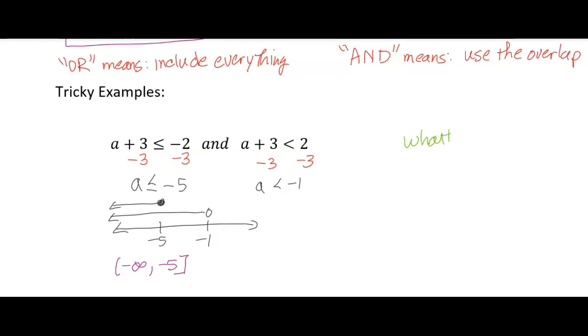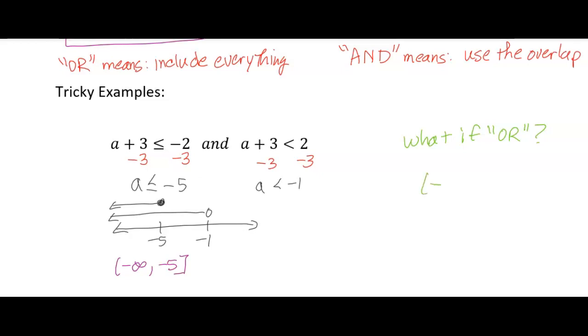And just for comparison, just to make sure we're considering all possibilities, let's think about what would happen if it said or instead of and? Well, or doesn't care about overlap. In fact, if they don't overlap at all, you still get answers. With or, you include everything, whether it's overlapping or not. So here, you would still include all of this stuff because you're including everything, so you're definitely going to include this stuff below -5, but you're also going to include this stuff in here all the way up to -1.